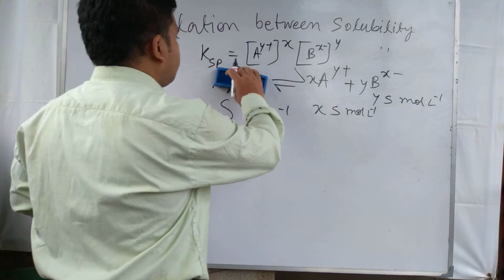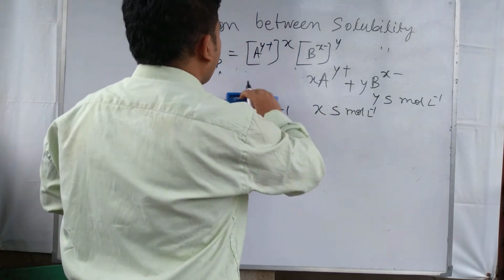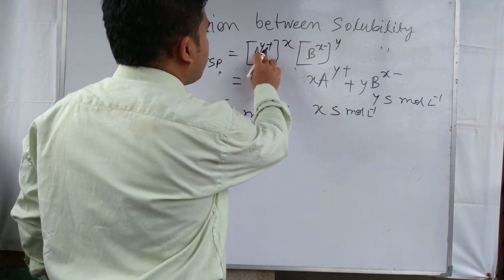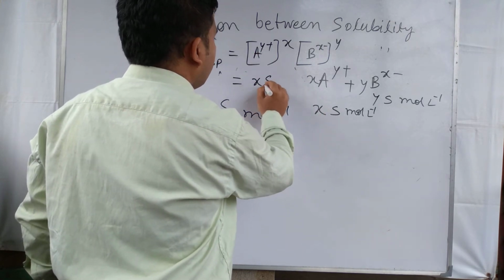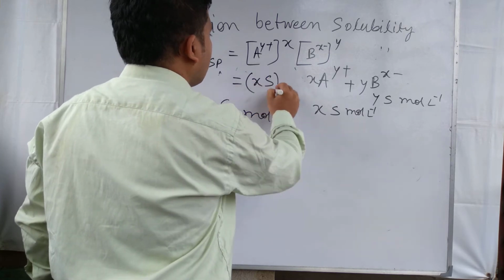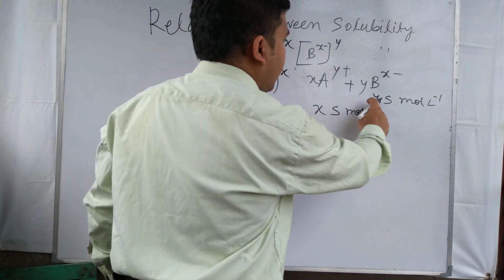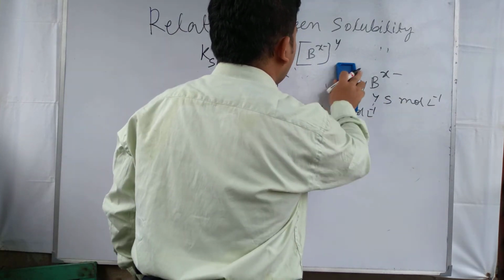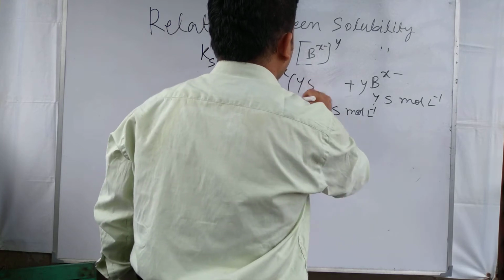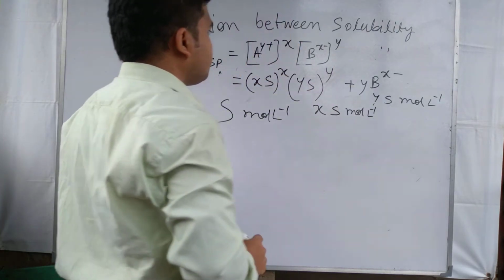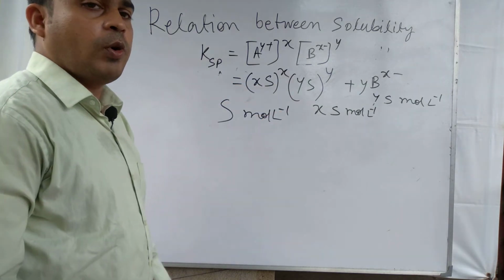And right now the amount of A^y+ is xS mole per liter, and the amount of B^x- is yS mole per liter. So therefore we write here (xS) to the power x and (yS) to the power y.